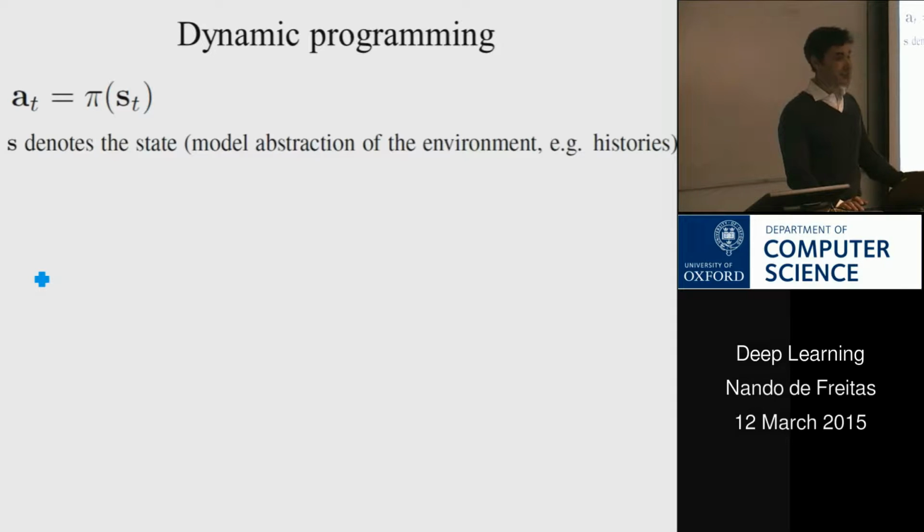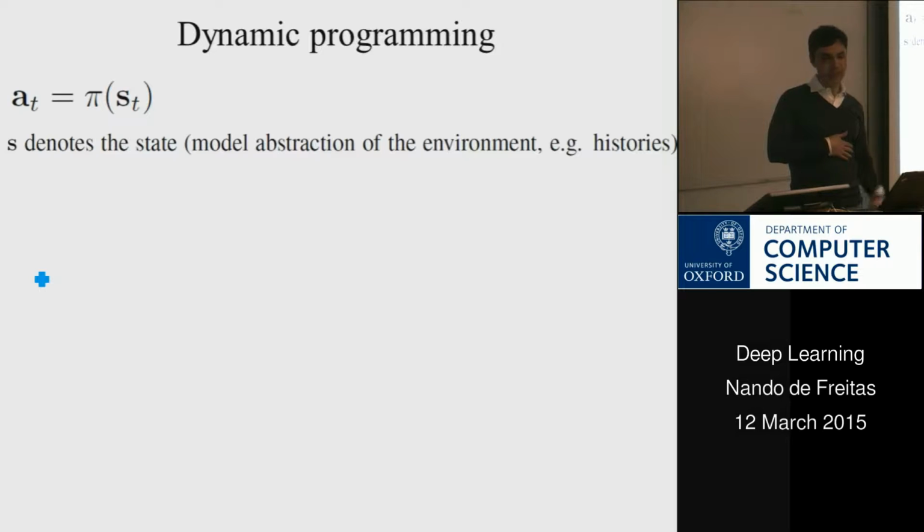There's also ways of casting direct policy search as inference. So for those of you who might have done a machine learning course where you learn about the EM algorithm, expectation maximization, and so on, I think some of you might have seen that before. It's possible to phrase that optimization problem as an inference problem and use standard techniques of inference to solve it.